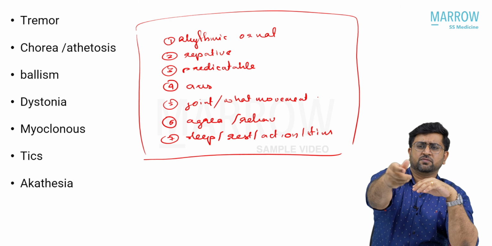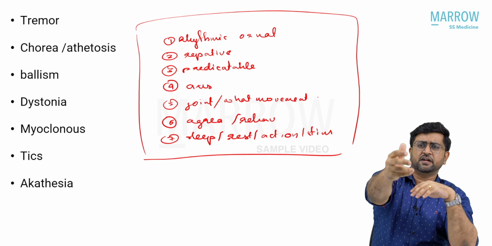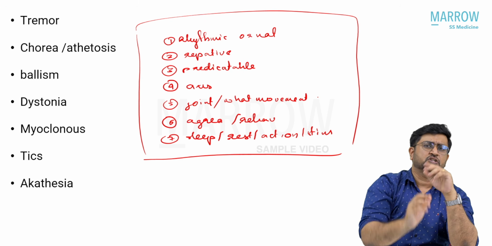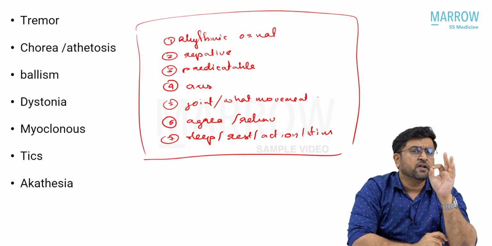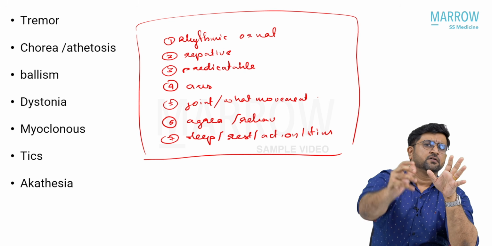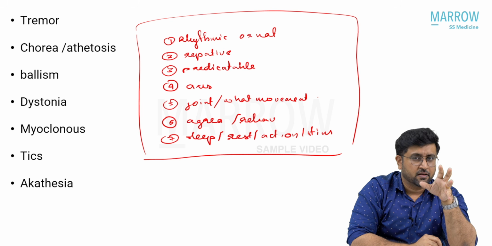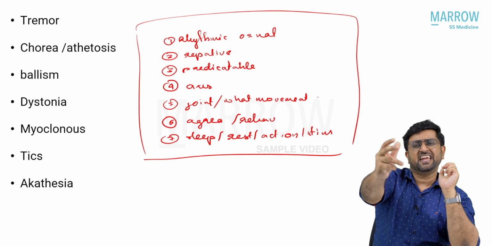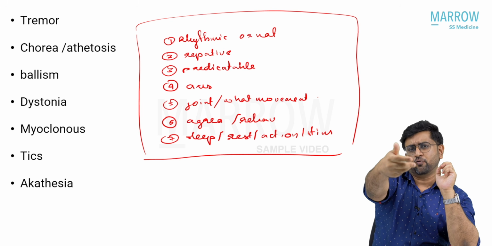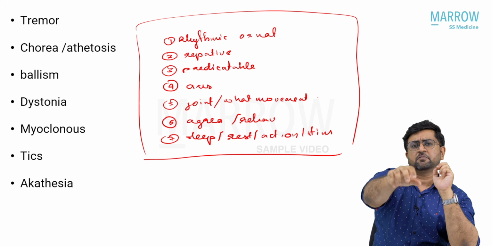So suddenly I am getting a sustained contraction. Among all the movements, dystonia is the slowest movement. Sometimes dystonia is associated with pain because of the muscle contraction. The sustained contraction results in posture, or sometimes it can present as tremulous or tremorless movement.